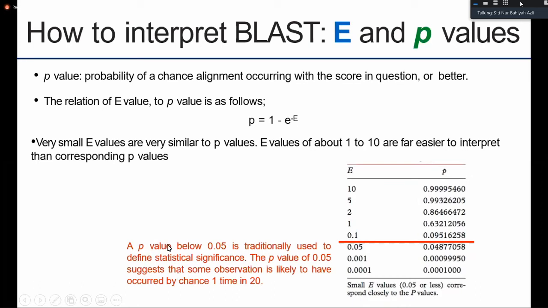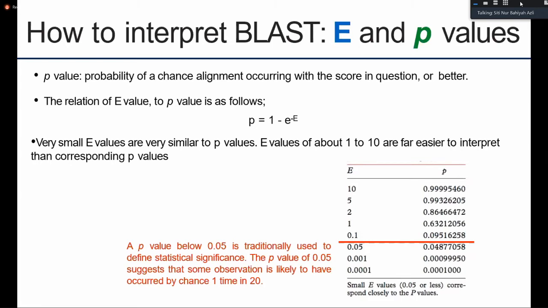A P value below 0.05 is traditionally used to define statistical significance. A P value of 0.05 suggests that some observation is likely to have occurred by chance 1 time in 20.